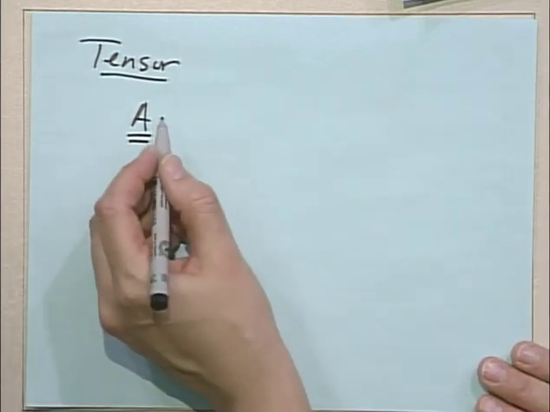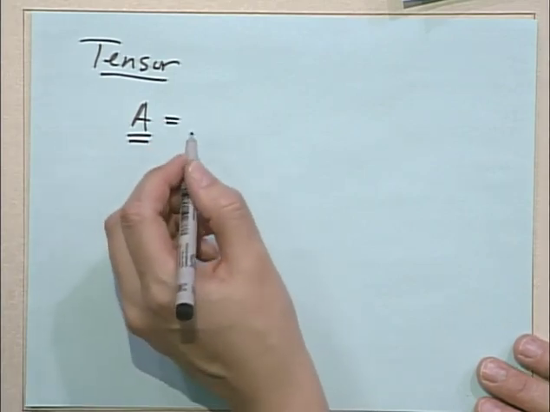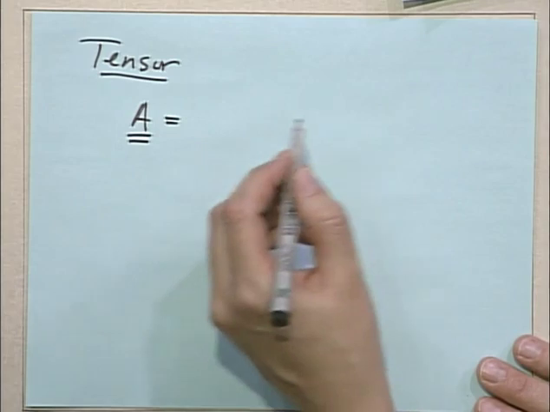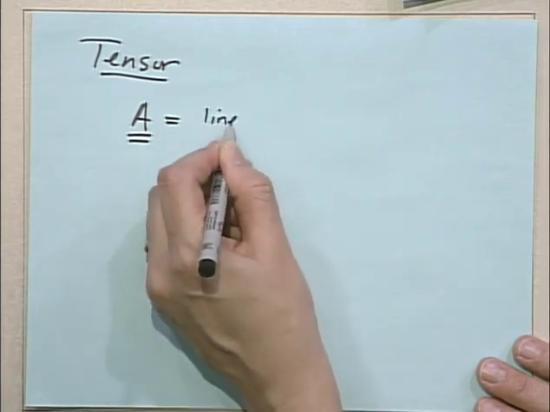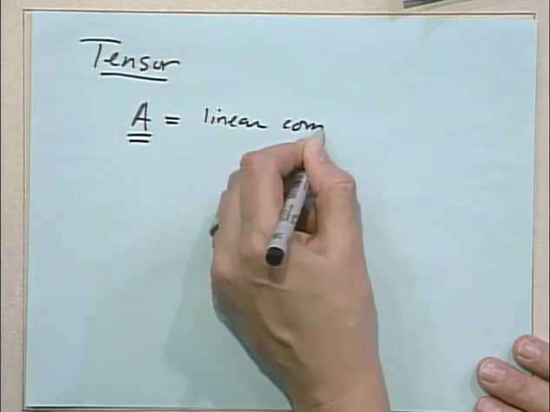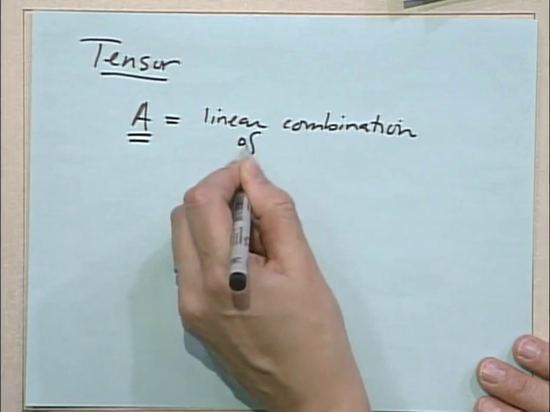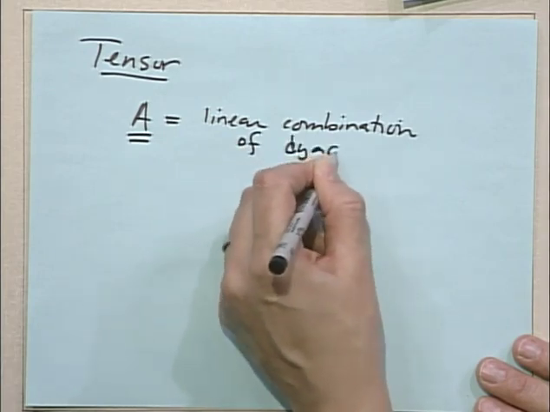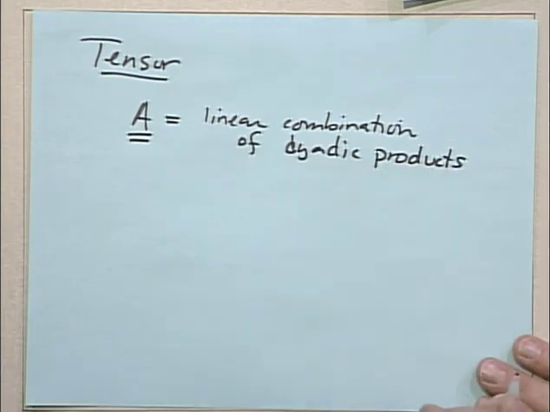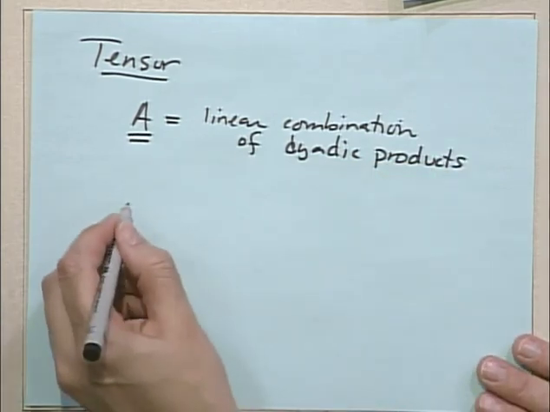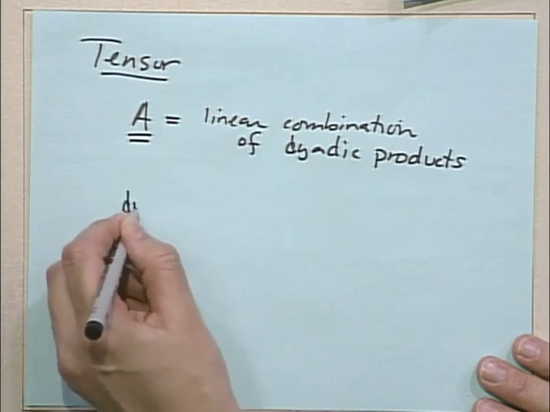So a tensor would be written as a sum of what are called dyadic products. It's a linear combination of dyadic products, where a dyadic product is written as 2 vectors side by side.